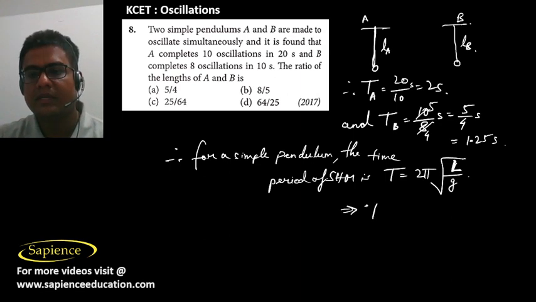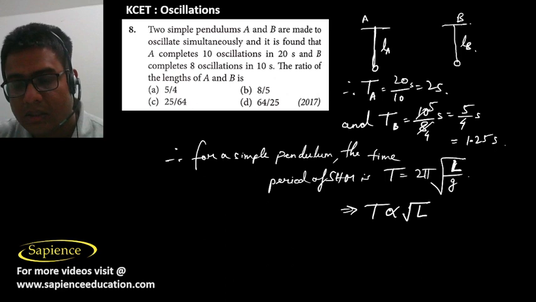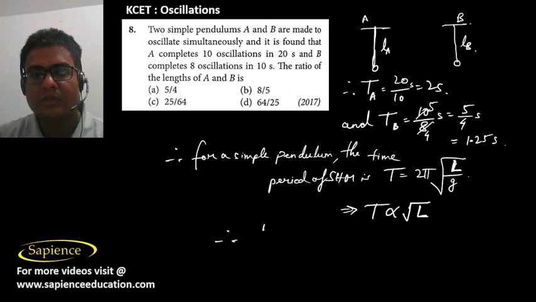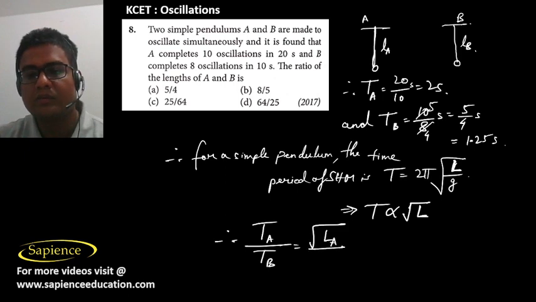Therefore the time period T is proportional to the square root of the length. So we can say that the time period of pendulum A by time period of pendulum B will be equal to root over LA by root over LB.